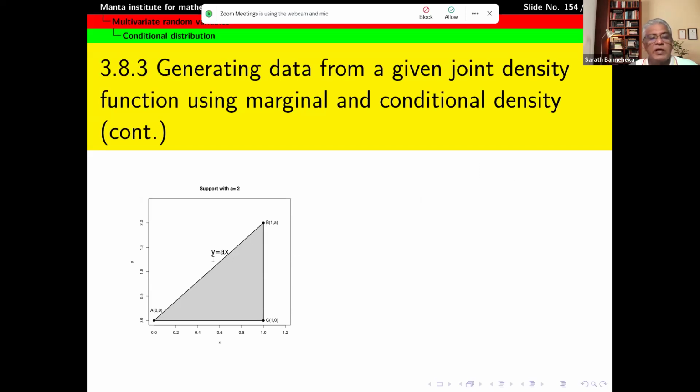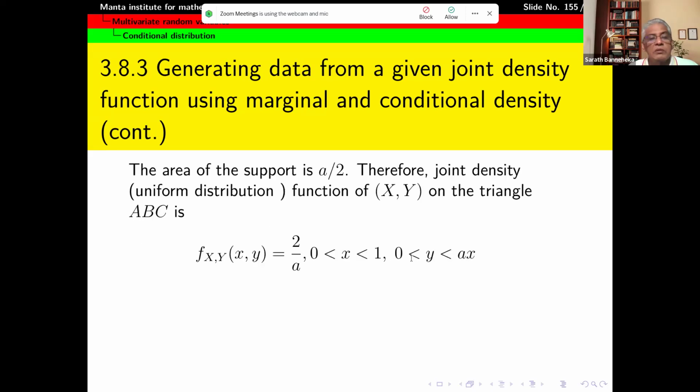So y will be A. For a given x, y will be between 0 and A times x, because x goes to 1, right?